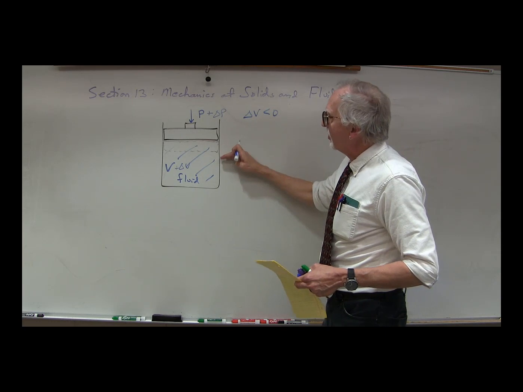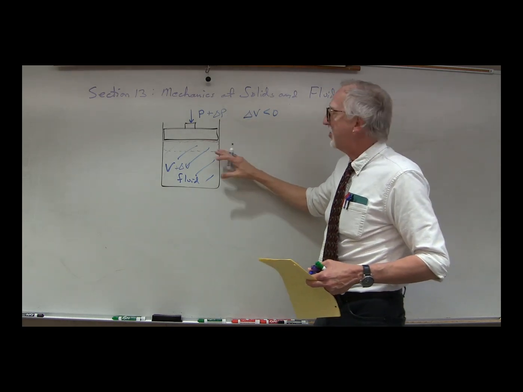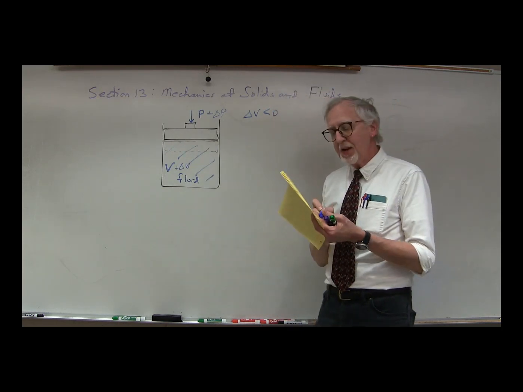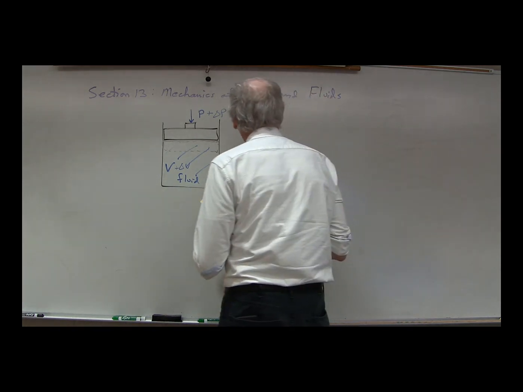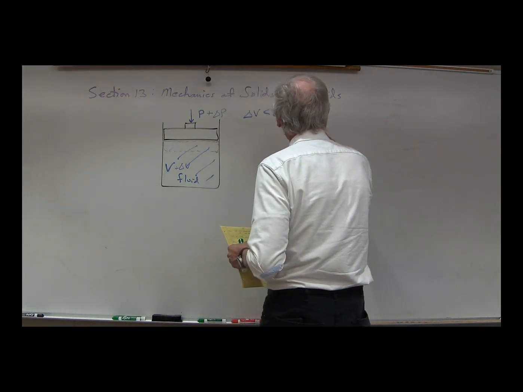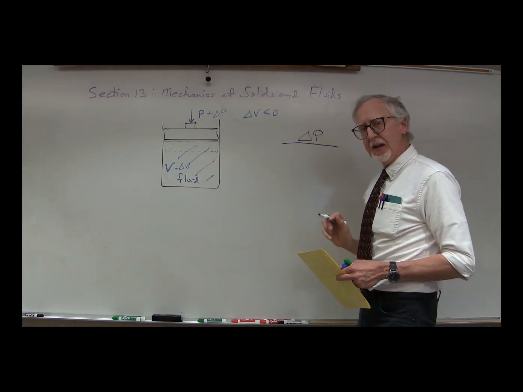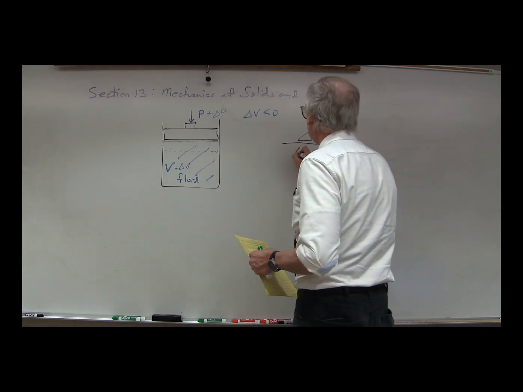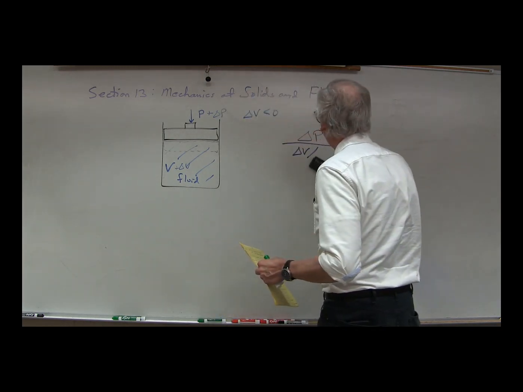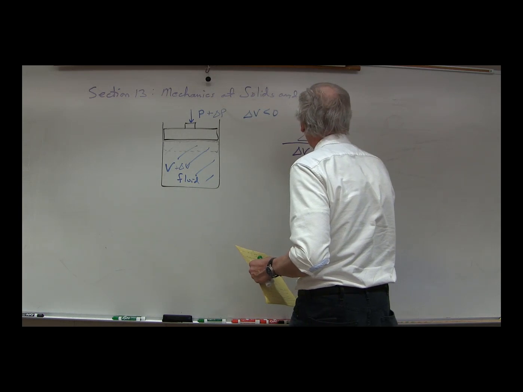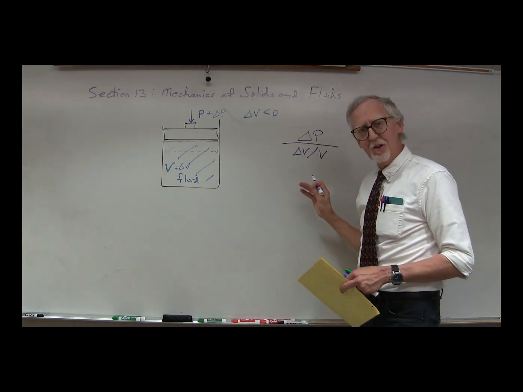Well, the relationship between delta P and delta V has to do with the fluid, how compressible the fluid is. We will define this relationship of delta P divided by the relative change of the volume, in other words, delta V over V. That's the relative change in the volume.